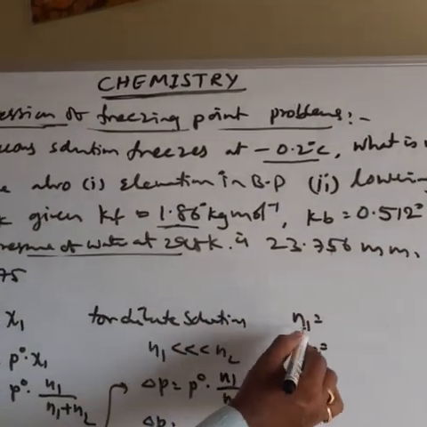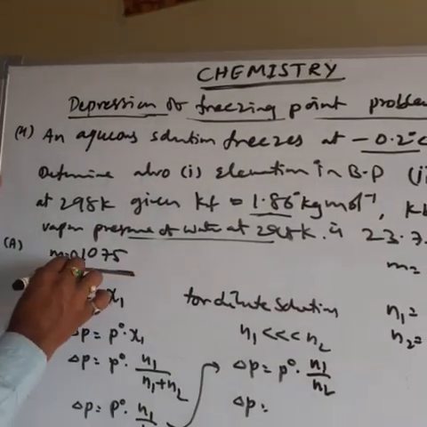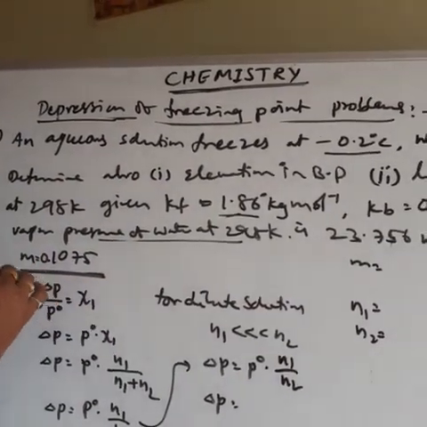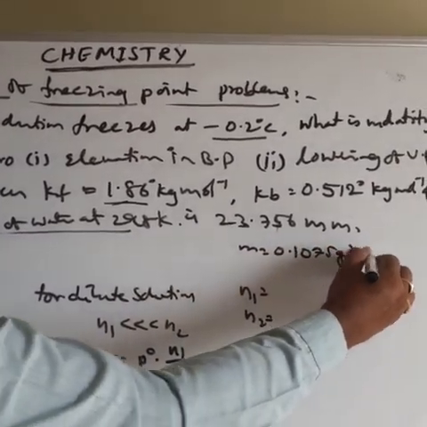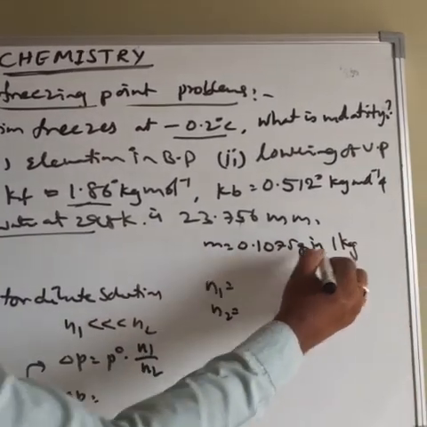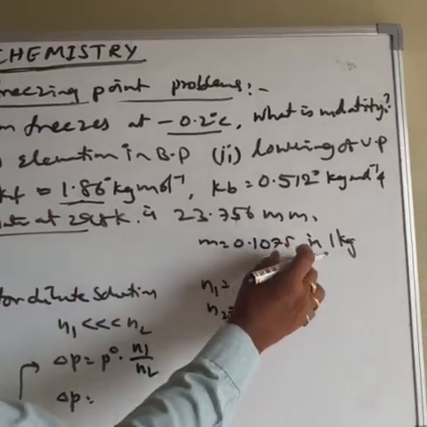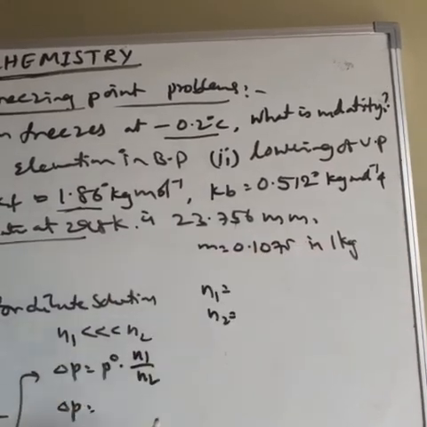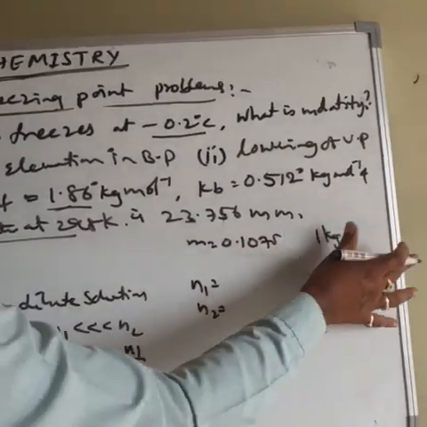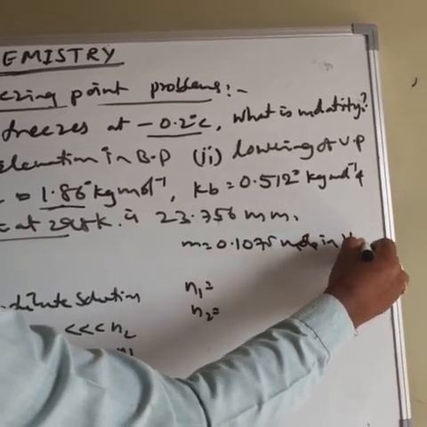First, the solute number of moles is obtained from the molality. What did I say about molality here? 0.1075 molality means 0.1075 moles of solute are present in 1 kilogram of solvent. That is molality.